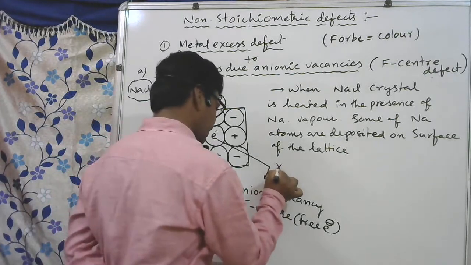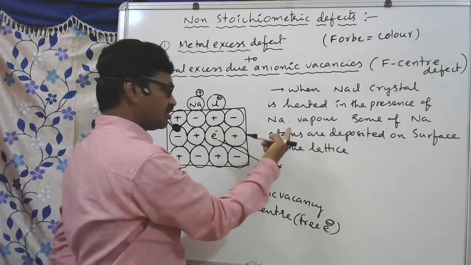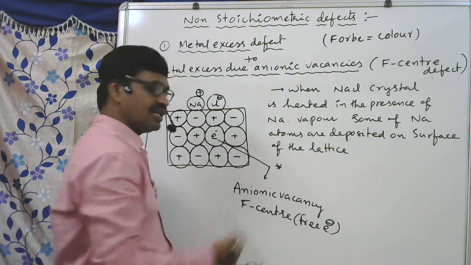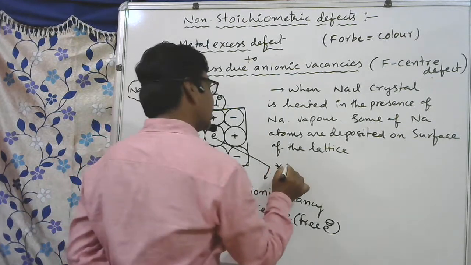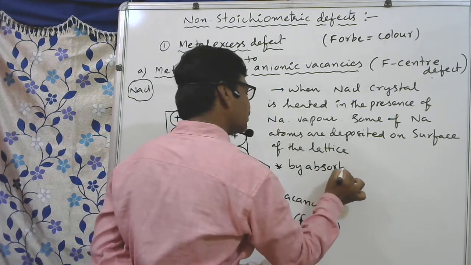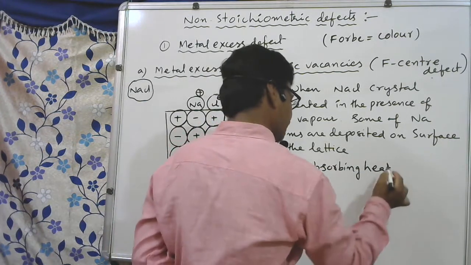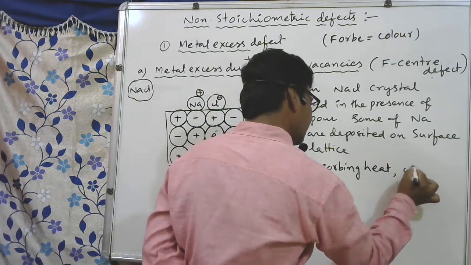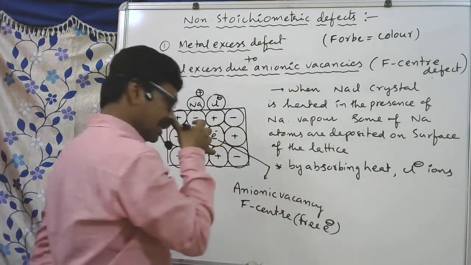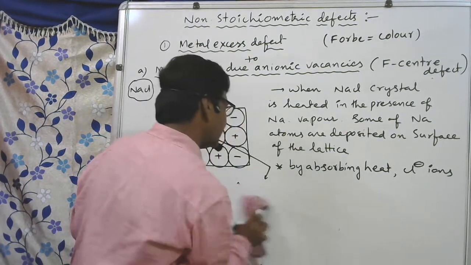What can we write? See here. What happens when a sodium chloride crystal is heated in the presence of sodium vapor? Some sodium atoms are deposited on the surface of the lattice. By absorbing heat, Cl minus ions, which are anions, move.